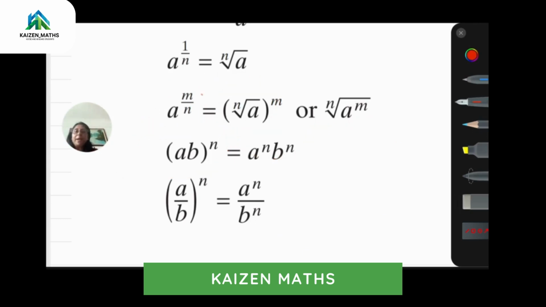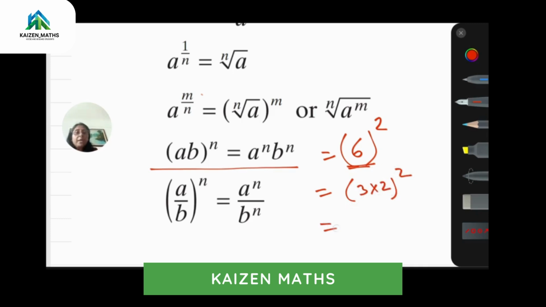The final part, right? a b whole raised to the power n. If we have two numbers multiplied, let this number be 6 and 6 raised to the power n, that means it is 2. Okay. So we can write, isn't it, 6 can be written as 3 multiplied by 2 whole to the power 2.